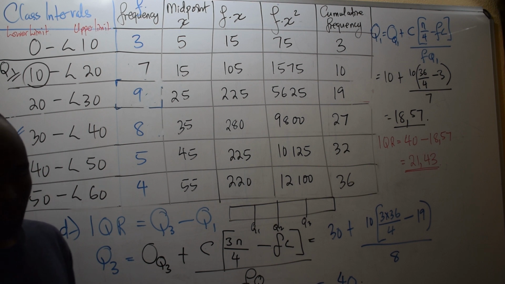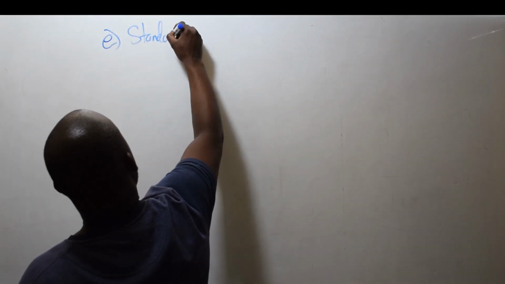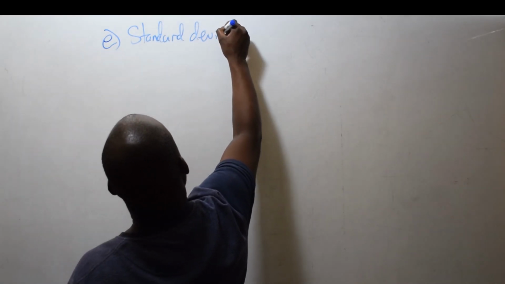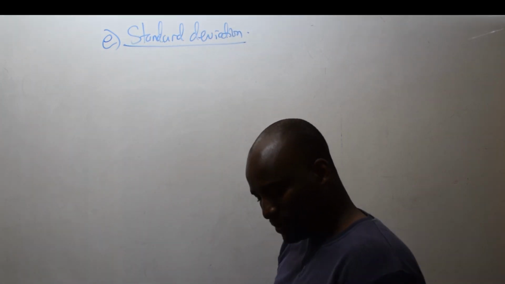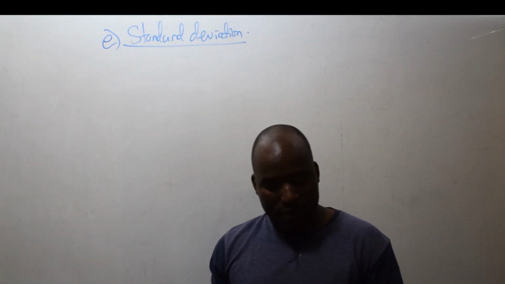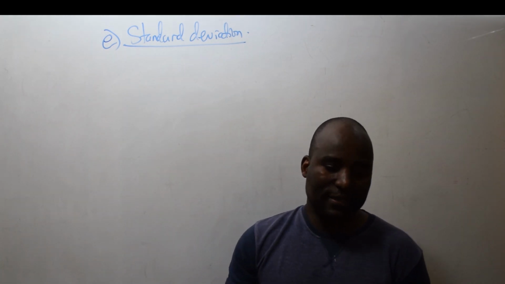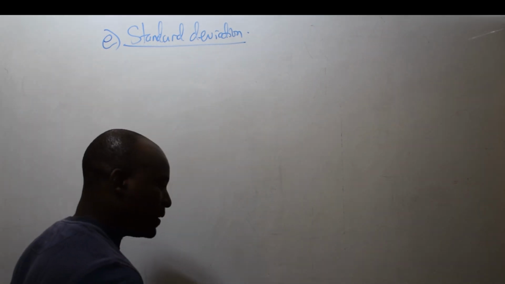We need to move on to the standard deviation. What do we mean by standard deviation? Standard deviation is the move from the mean. So we're going to need the mean to calculate this.